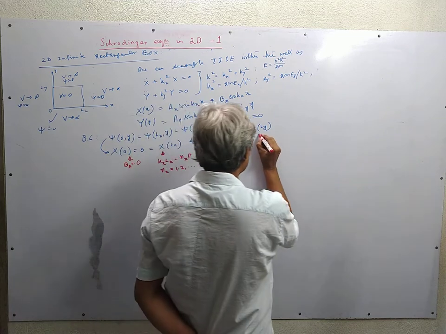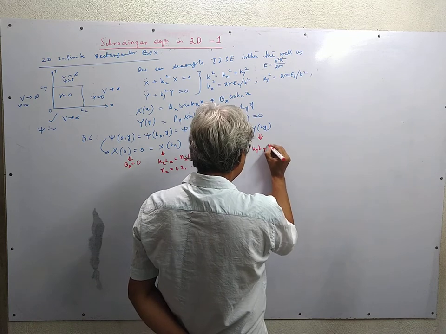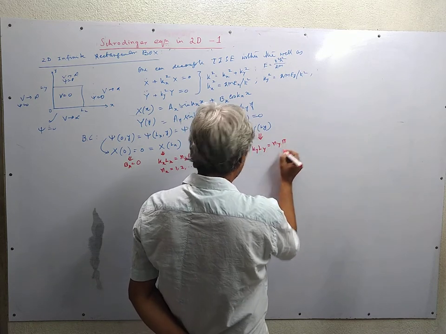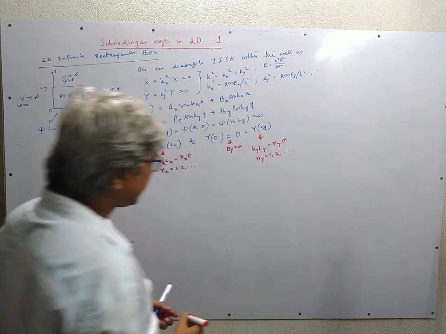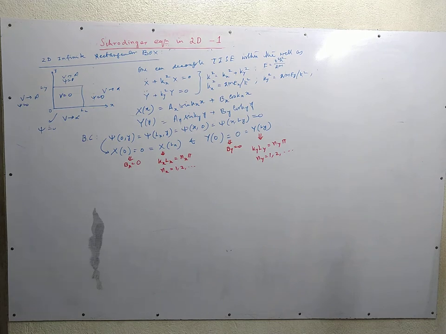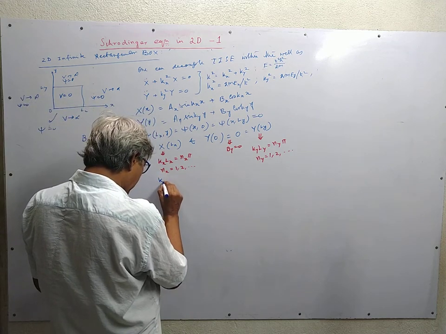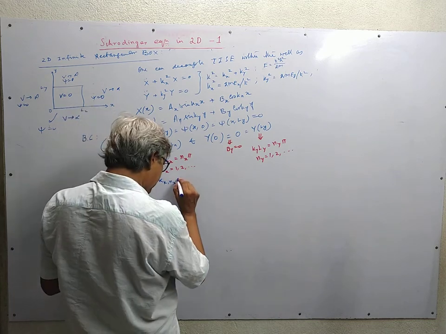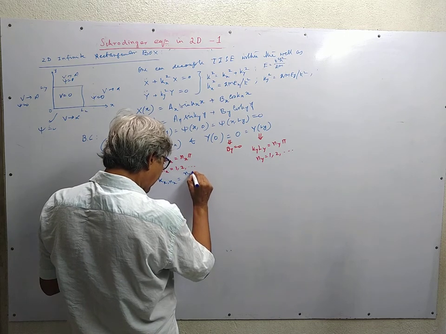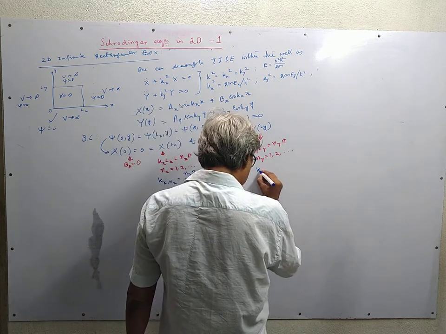Similarly, this condition demands that ky Ly is equal to ny pi, where ny is again 1, 2 and so on. 0 is excluded because 0 leads to the trivial solution. So it becomes legitimate to write kx with a label nx, governed by nx pi by Lx. Similarly, ky is written as ny pi by Ly.